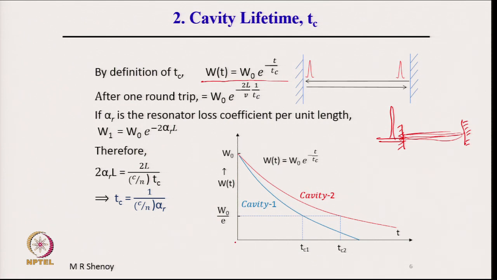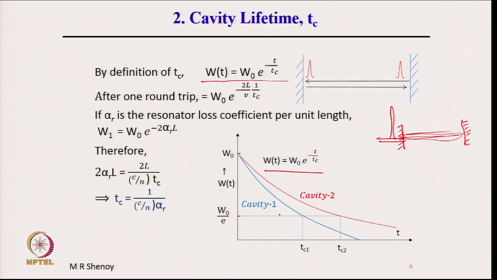That is what is shown here. With time, the energy drops down exponentially. So W of t equal to W 0 into e to the power minus t by T c is the defining equation for the cavity lifetime. As can be seen, if the cavity lifetime is large, it takes more time for the energy to decay.